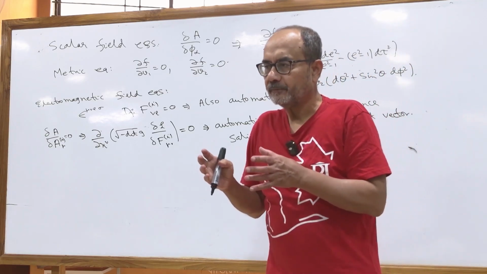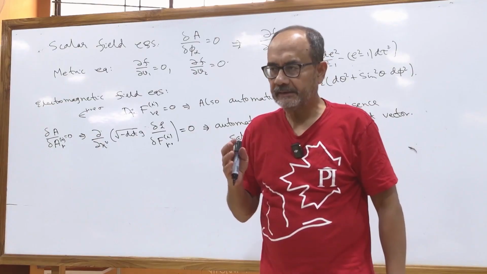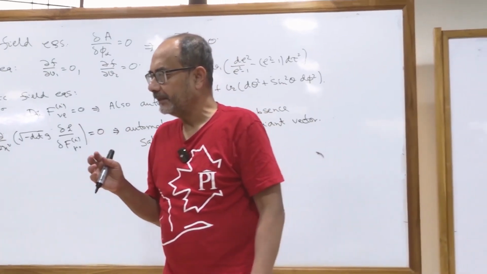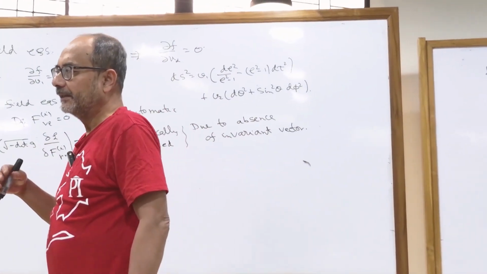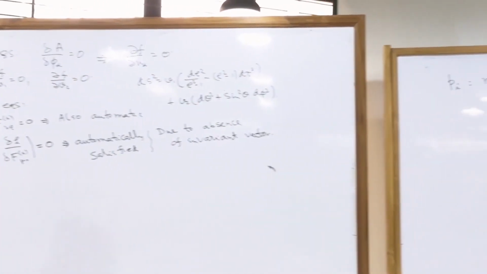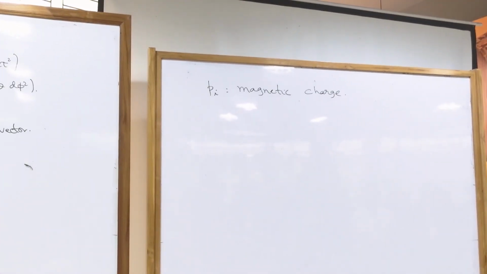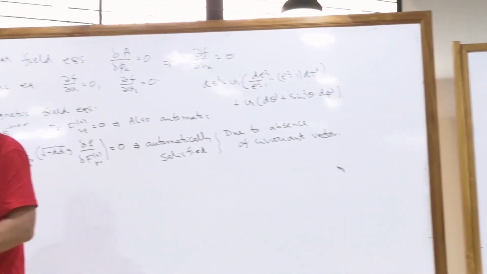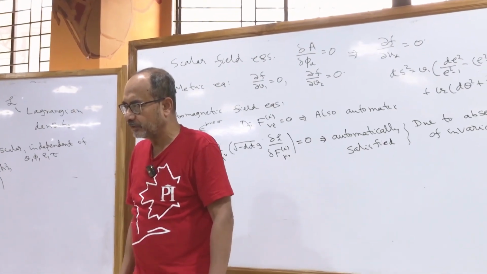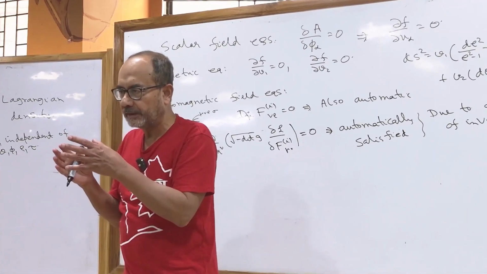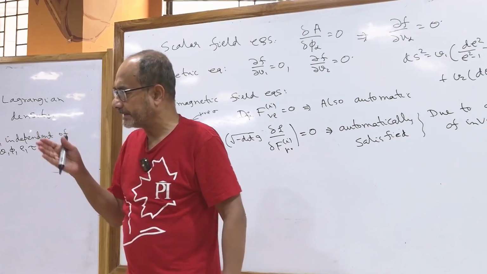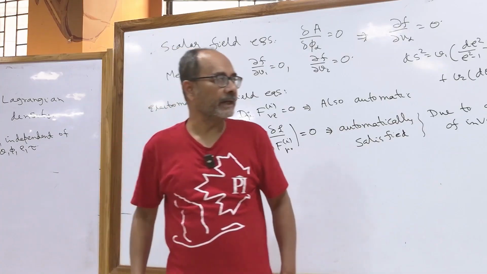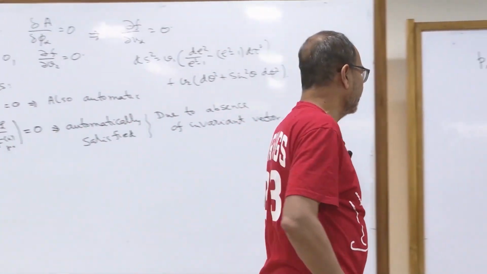F theta phi is a magnetic flux that you are familiar with. B is what? B is curl of A, right? So you have to take an epsilon tensor and combine it with a derivative. So F theta phi, if you multiply by the epsilon tensor, gives a radial component, that's B. Because of PI, you can identify the magnetic charge.